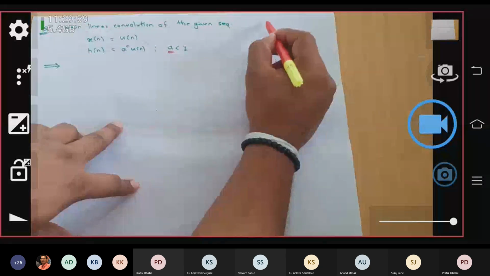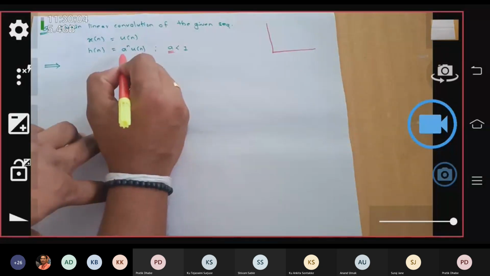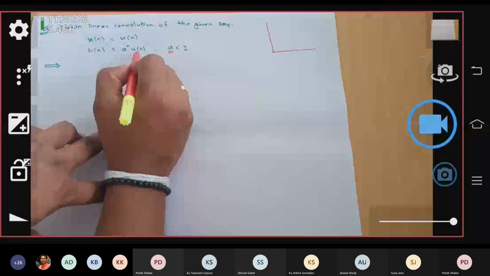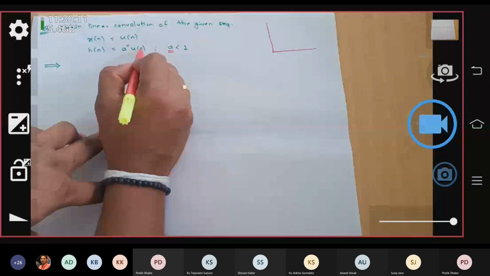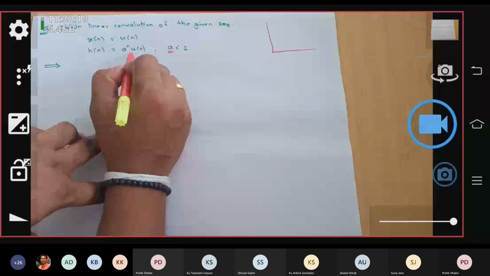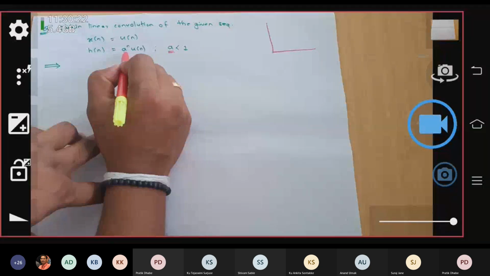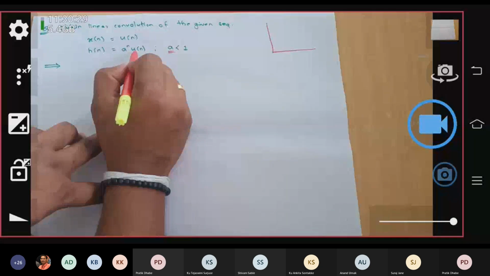This means that your exponential sequence a raised to n will now be present only for the positive values, because this exponential signal, when multiplied with u of n, which has a magnitude of 1 only for the positive values of n, will give you a signal only for the positive values.